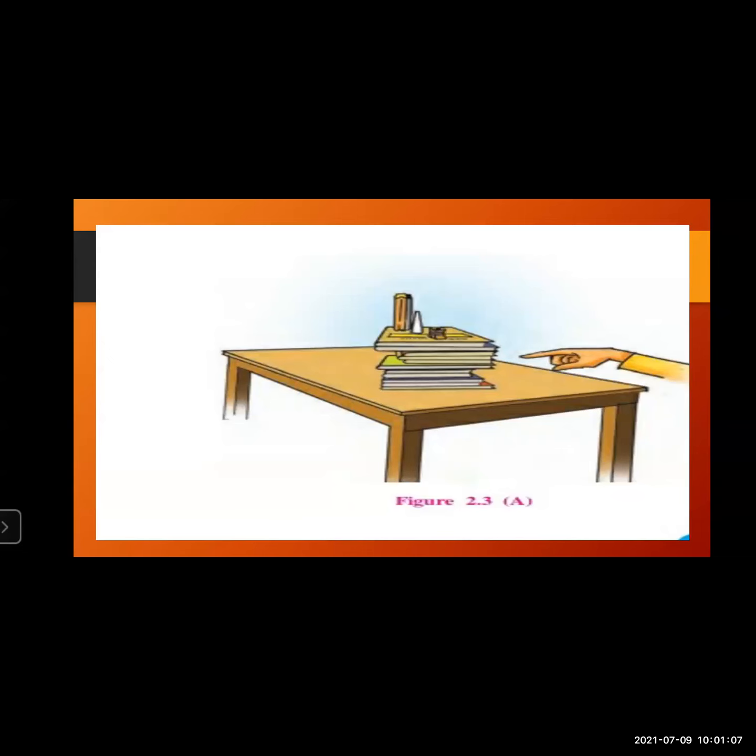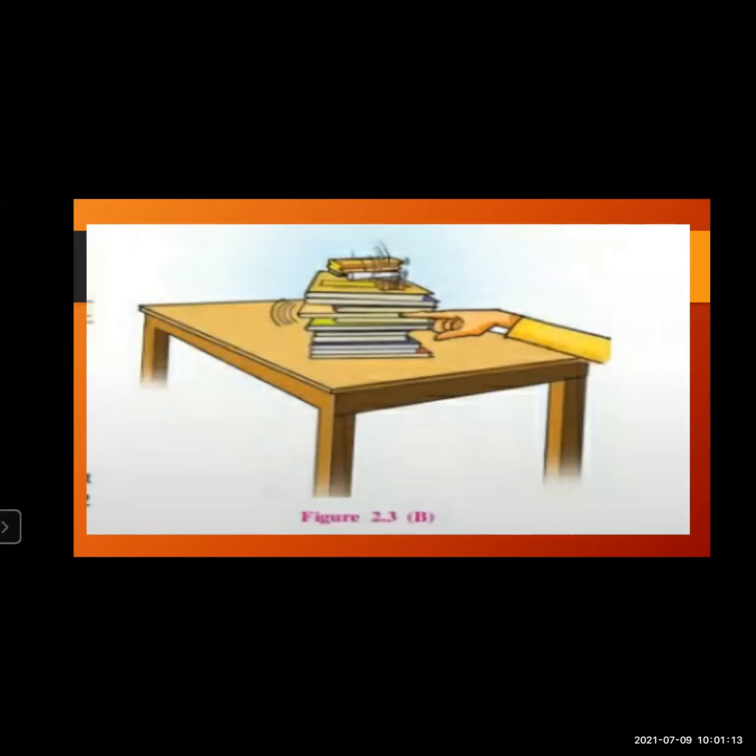Now, what we are going to do here, we'll see in the next slide, that is 2.3b. You have to give a slight push to the structure and observe what happened.